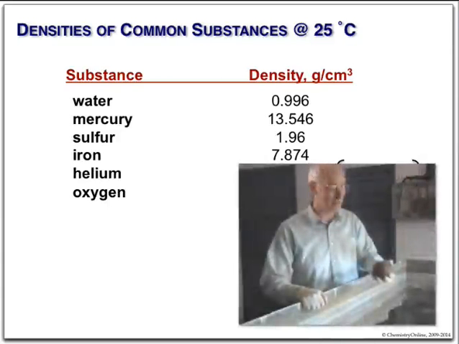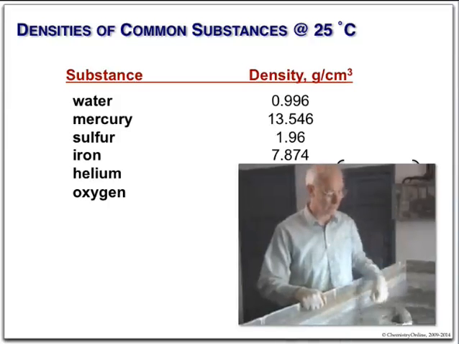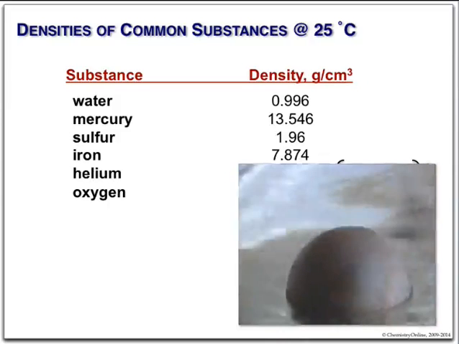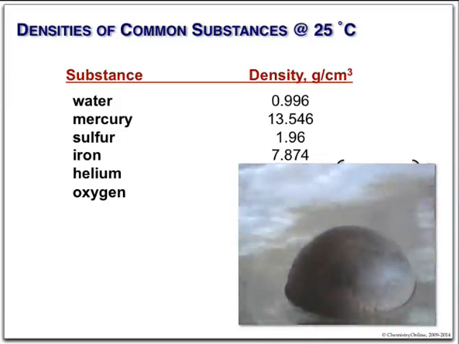All right, you're going to see something here that you don't see every day. This gentleman is standing in front of this large pool of mercury, and he is holding a cannonball. What he's going to do is simply drop the cannonball into the mercury. And you'll note, by gosh, you don't see a cannonball floating every day, do you?